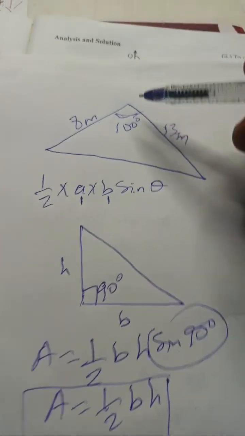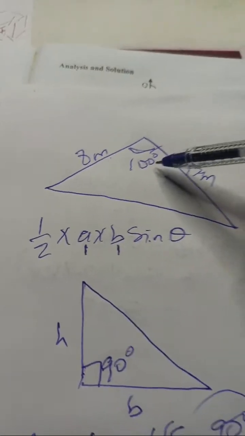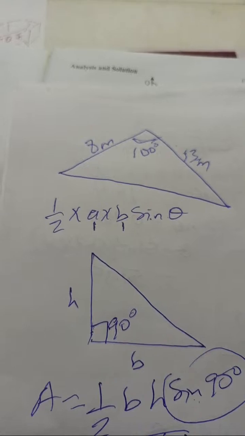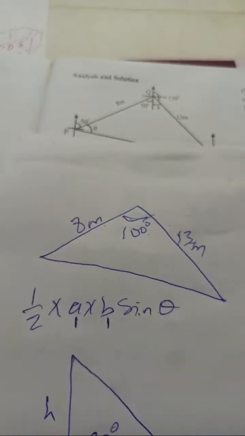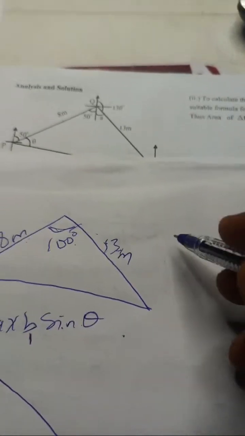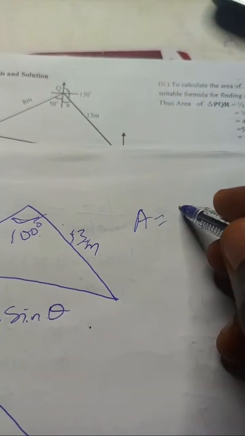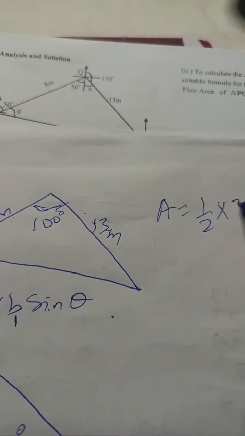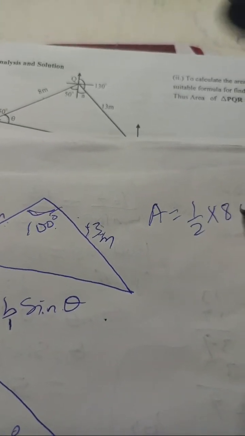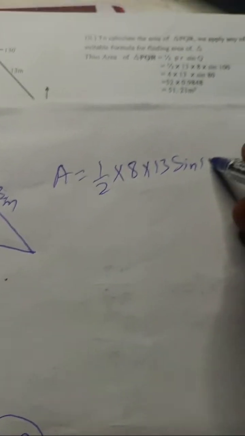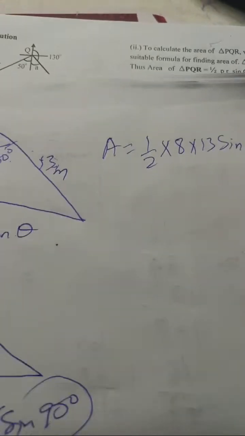So now that we have the angle holding the adjacent sides, and this is not 90, we have to use the normal formula. So the area of this place will be equal to half into our A, we can take any of them, 8, multiplied by 13 sine 100.